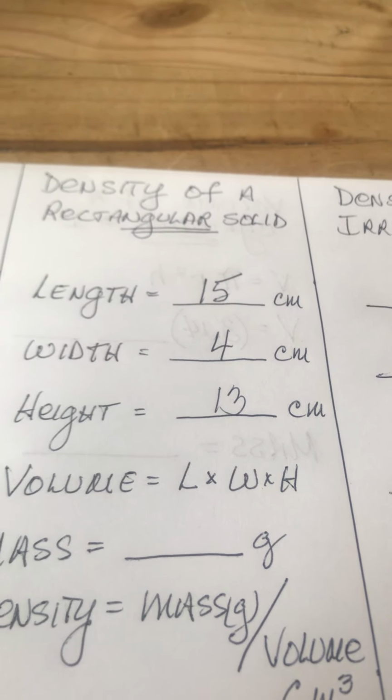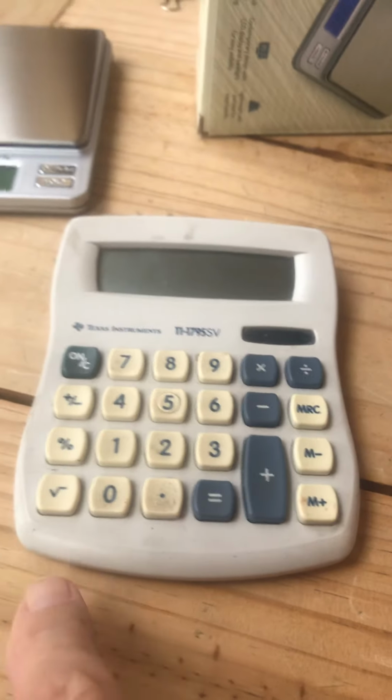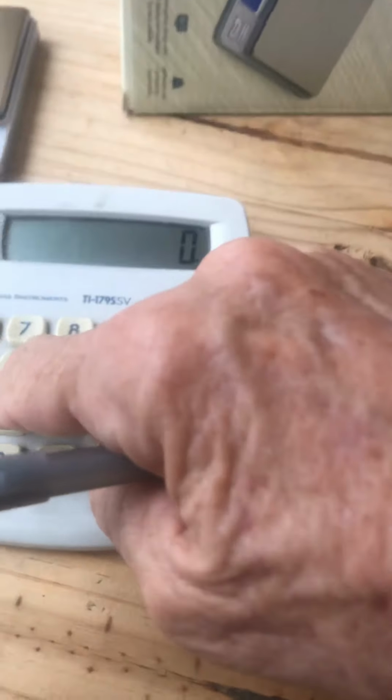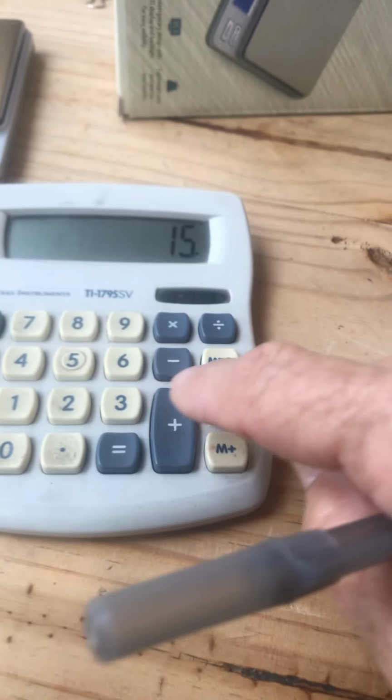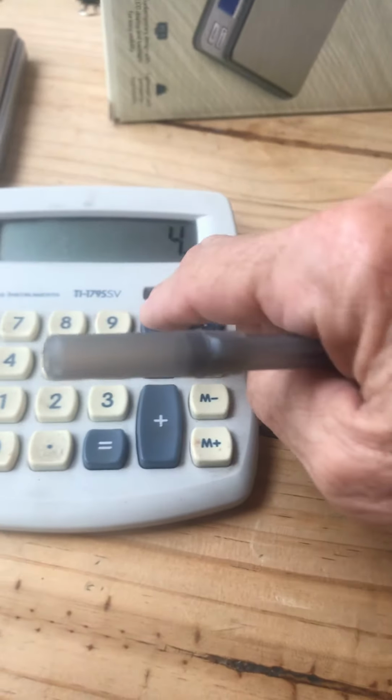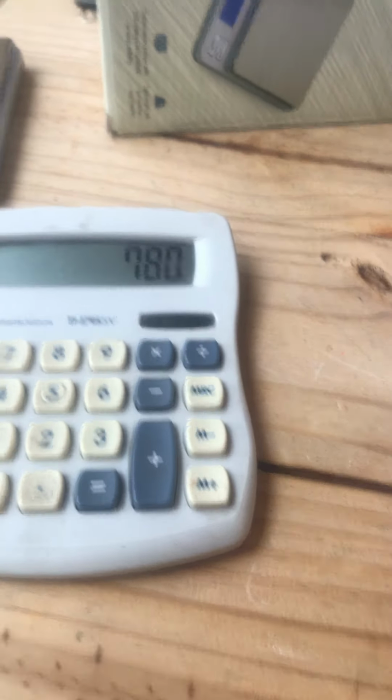That gives it to us in cubic centimeters. So we turn on the calculator: 15 times 4 times 13 gives us 780 cubic centimeters.